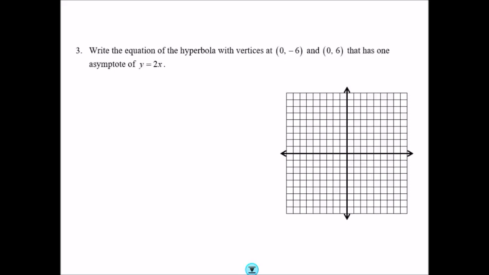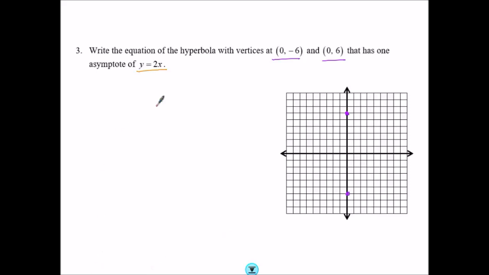Lastly, we are given that the vertices are (0, negative 6) and (0, 6). And we know that one asymptote is y equals 2x.